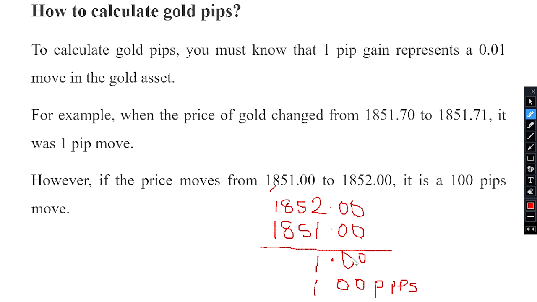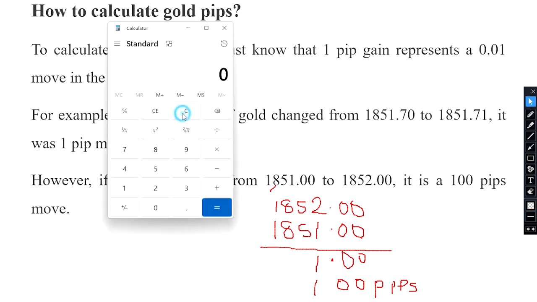This is what I mean. If I were to do this using the calculator, look at what I'm going to have. So let's do it using the calculator. So I say 1852.00 and I subtract 1851.00. Look, I'm going to have 1, which is not good.